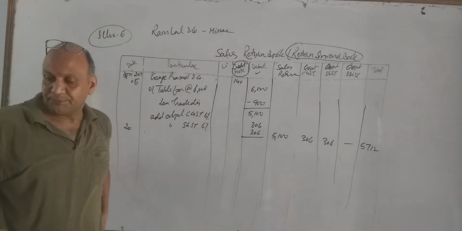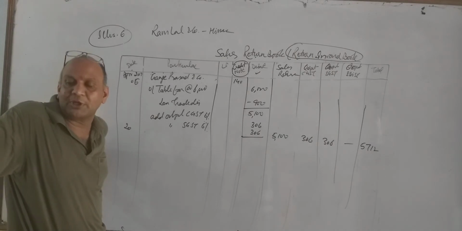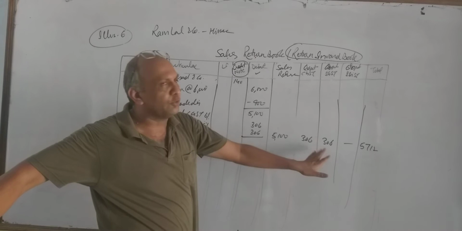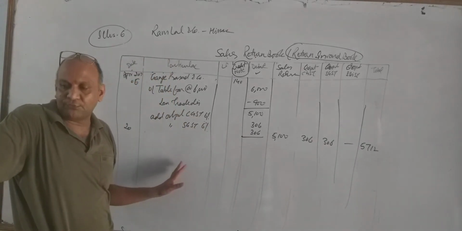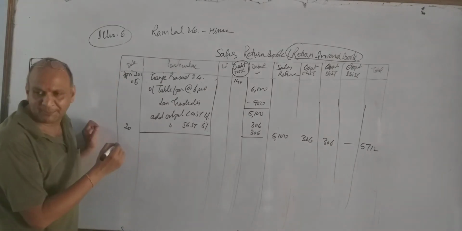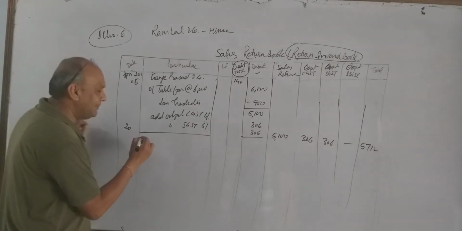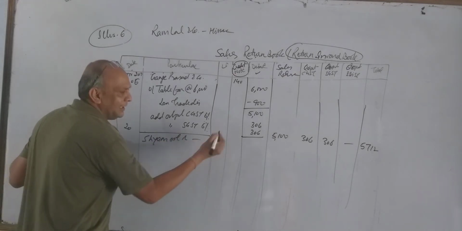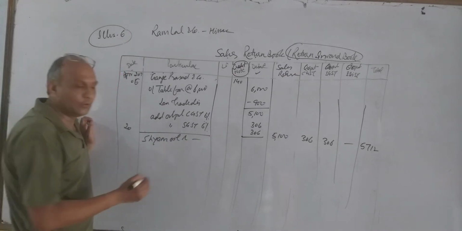Next entry, Sham Oil Mills, Yamunanagar. Again parties of Haryana only, so output CGST and output SGST will apply. The amount is 40,000. The name of the party is Sham Oil Mill, Haryana.